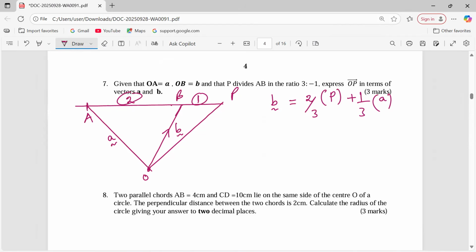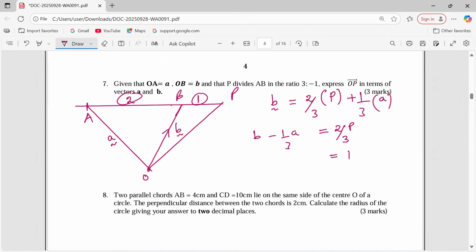So we can say that 2/3 vector P equals B minus 1/3 vector A. How can we remain with vector P?